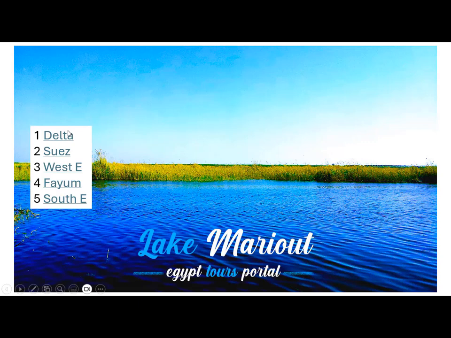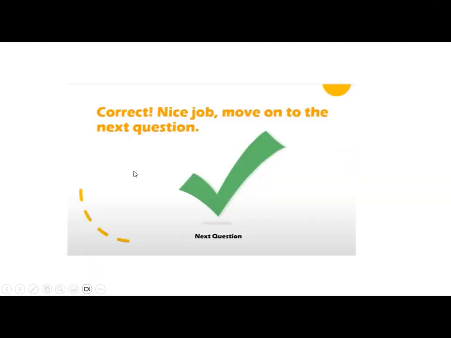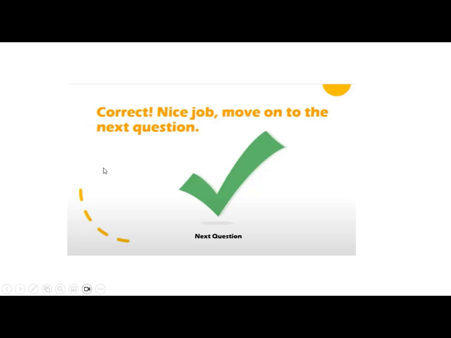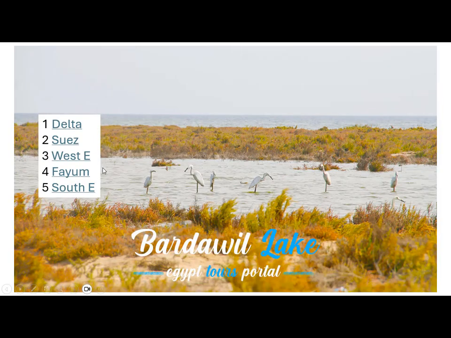Lake Mariot is one of the 5 northern lakes on the Mediterranean Sea, therefore it is in the delta, and this is correct answer. Great Bitter Lake, maybe this is a bit difficult for some people, but the Bitter Lake is close to Suez, therefore it is in the Suez. Therefore this is correct.